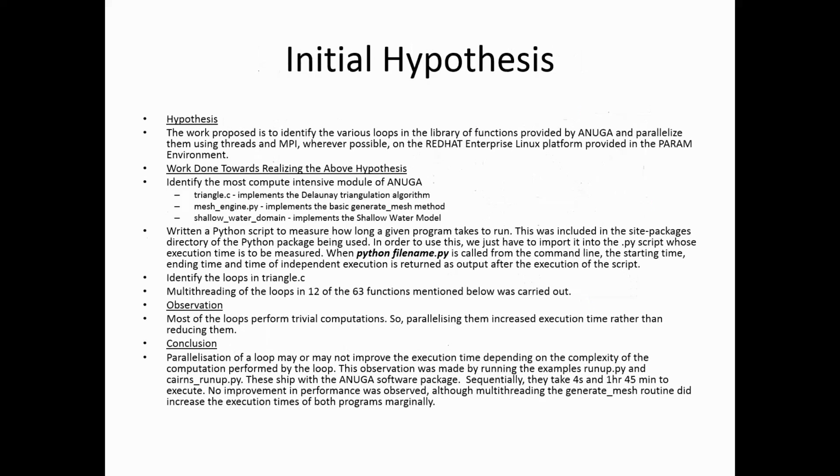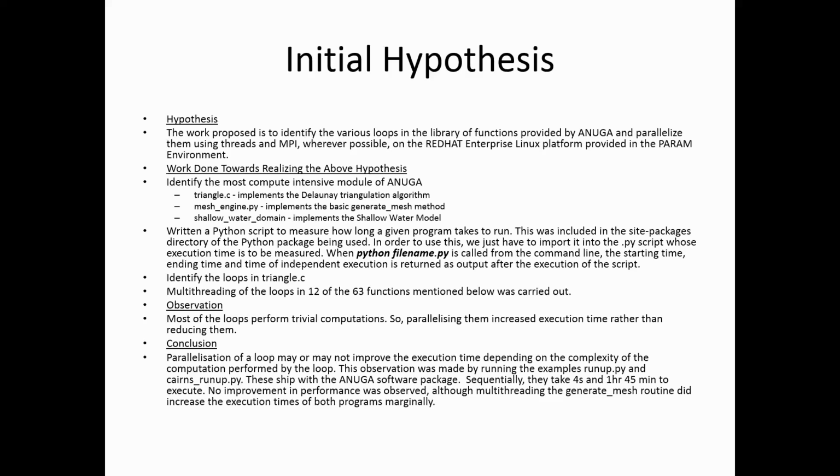So the initial hypothesis was to parallelize all the loops, but this caused the extension of execution time, because the time taken to set up the parallel structures was greater than the entire execution time of the serial program itself.